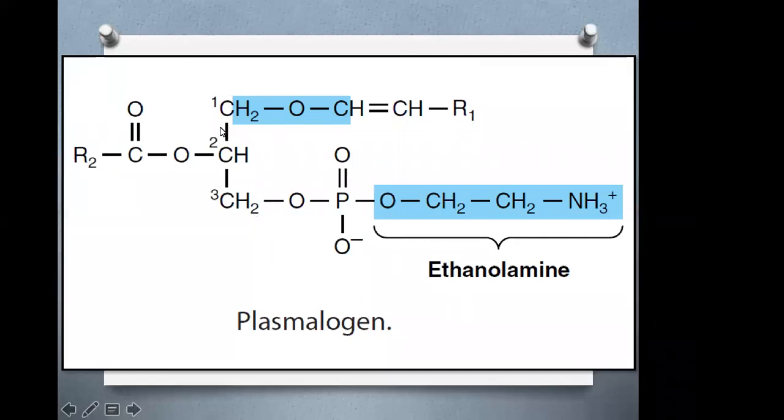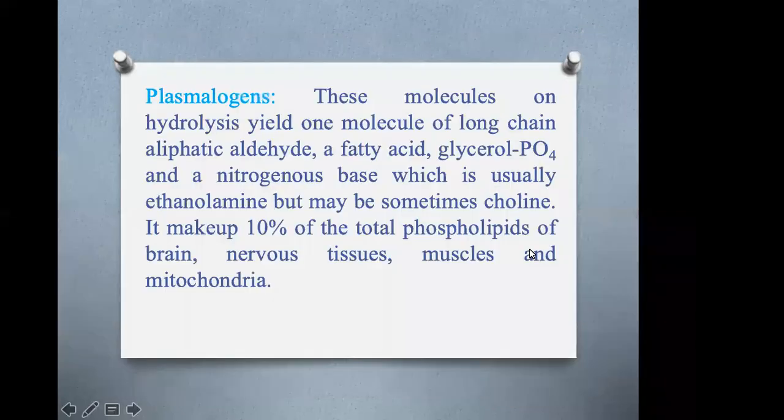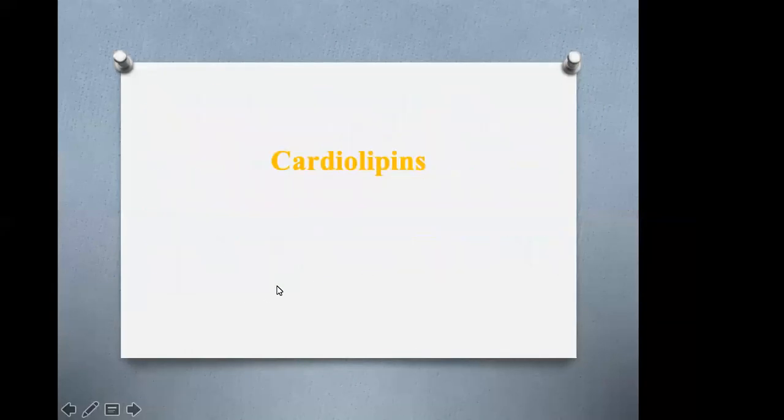By hydrolysis, it can yield glycerol phosphate, fatty acid, phosphatidic acid, and ethanolamine. These molecules make up 10% of the total phospholipids of brain, nervous tissue, muscle, and mitochondria.